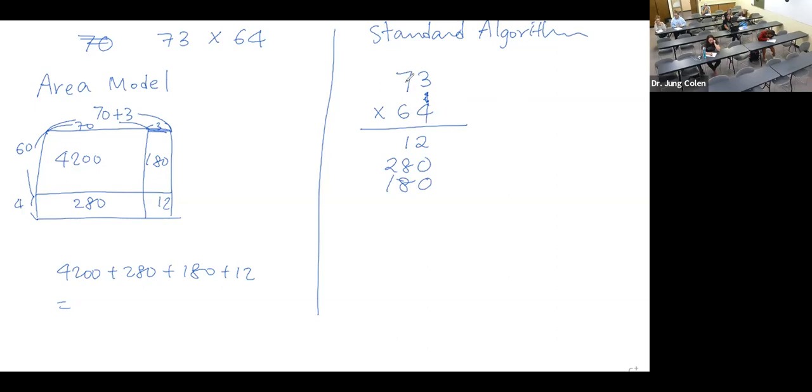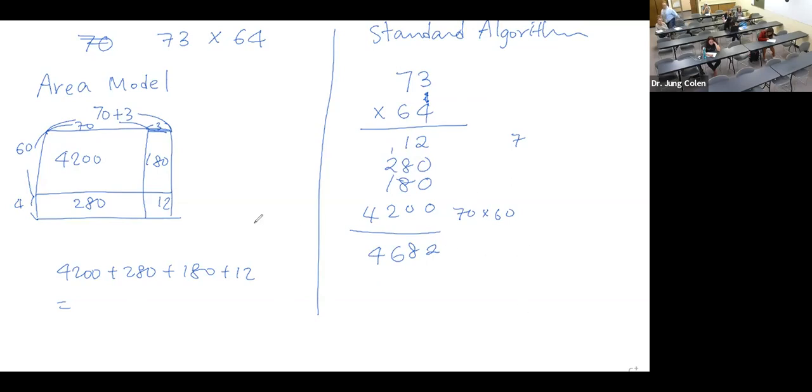How about this? 70 times 60 is 4,200. We have 2 zeros because we have 7 tens and 6 tens. And then you can add them together and get 4,682. So let's compare what we have in this area model and the standard algorithm.